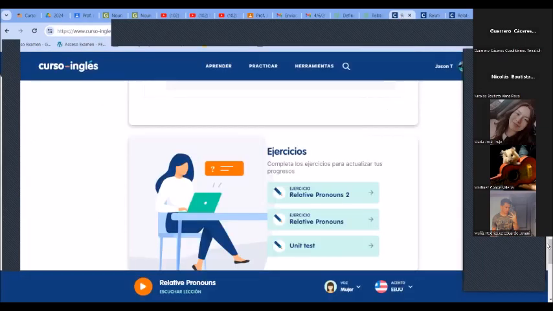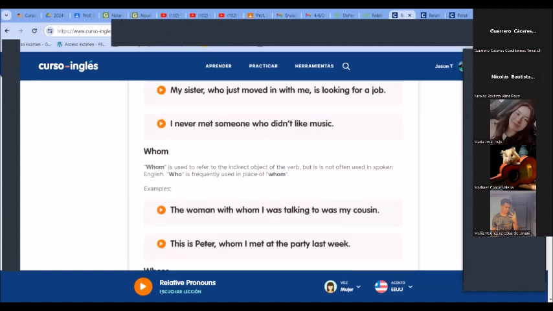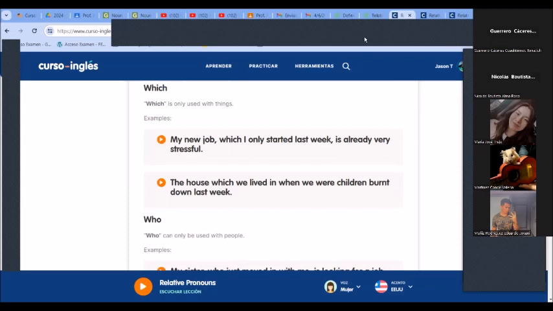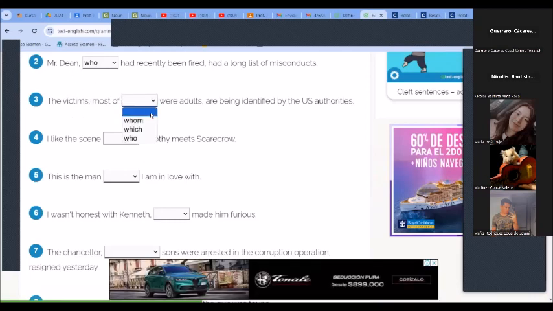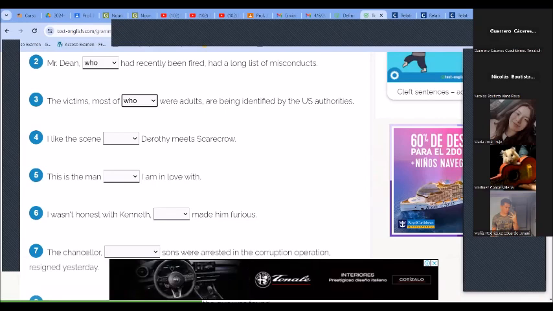Which is only used for things. And who is used for people. What is this question about? It's about las víctimas. People, exactly. Right, so we would use who. Again? The victims, most of who were adults, are being identified by the authorities. All right. Cuauhtémoc?